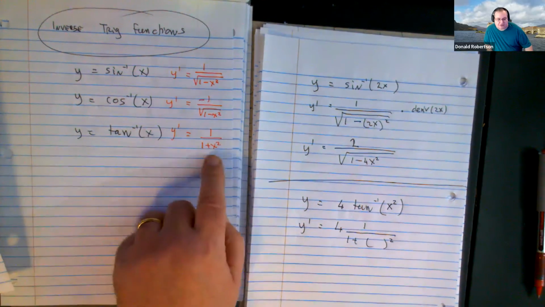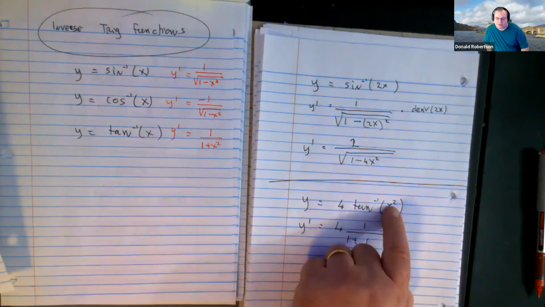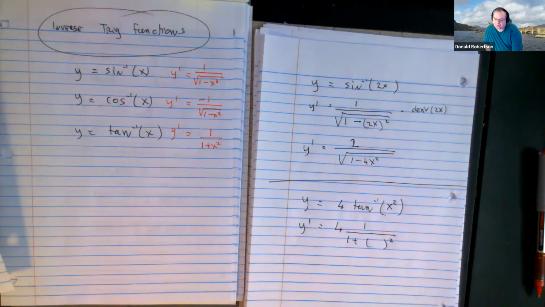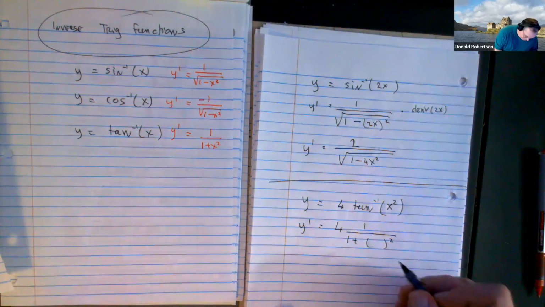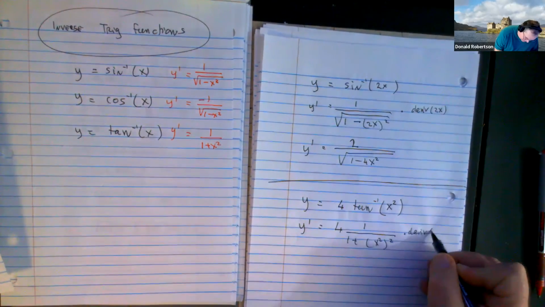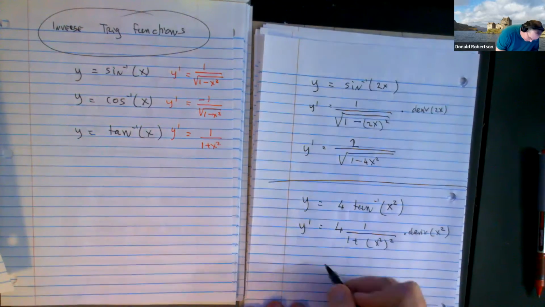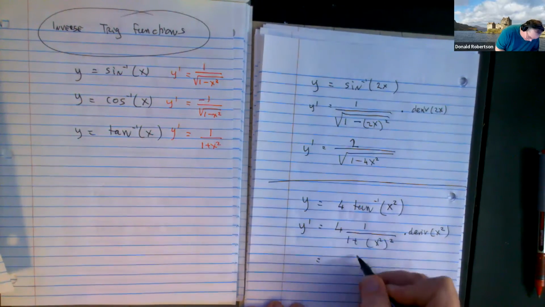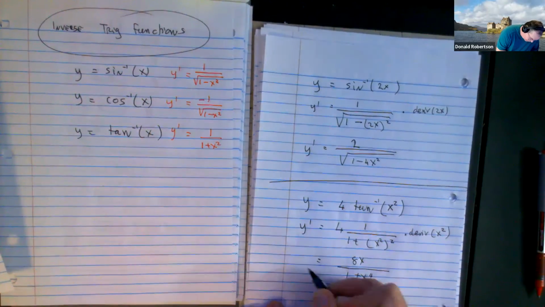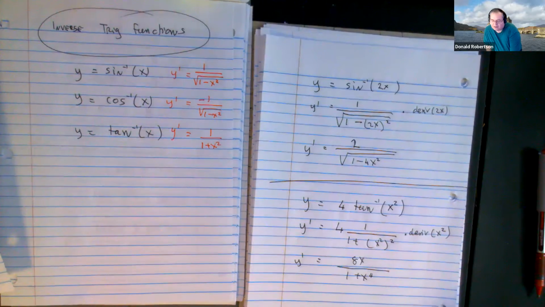When it's an x goes here. When it's an x squared, what goes here? X squared. Yeah. Times, don't forget, the derivative of the inside function. And that's 2x, and 2 times 4 gets me 8x on the top. And now I get 1 plus x to the 4 on the bottom. Are you beginning to get a little bit happier with this? Right. Try another one.